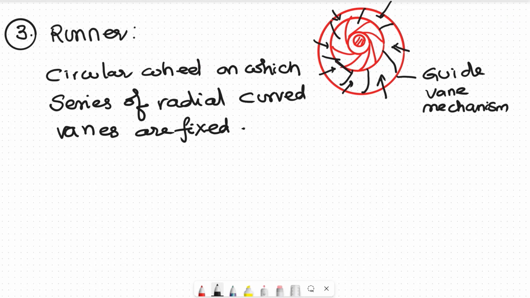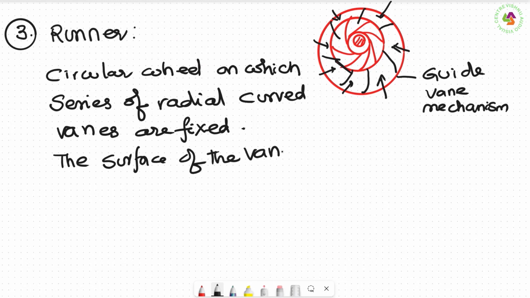That is number one. The surface of the vanes is smooth. This is number two. Why smooth? Otherwise, losses will be there.